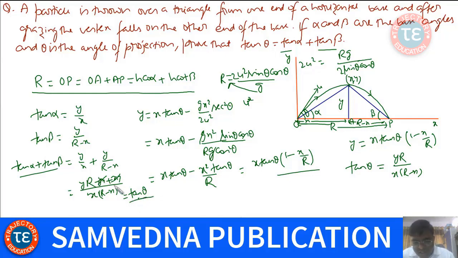So tan alpha plus tan beta is tan theta. Okay, so this is how we can proceed, right? So this is proved, and this is a very important relation which we have.